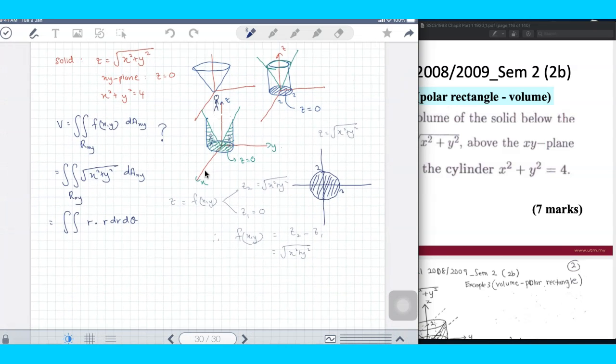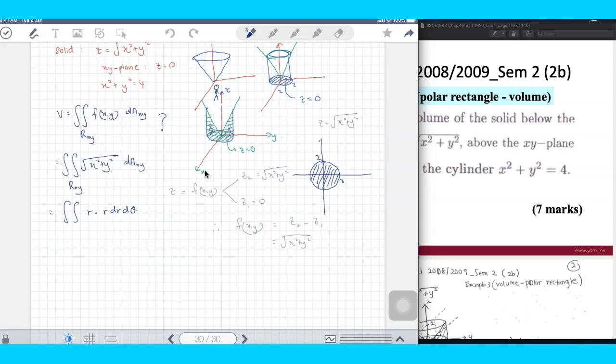So from the region that you have, we can know the limit of r and the limit of theta. Because you have a complete circle, your theta is 0 to 2 pi. I mean the whole plane, from quadrant 1 to quadrant 4. So your theta should be 0 to 360 degrees, or 2 pi.